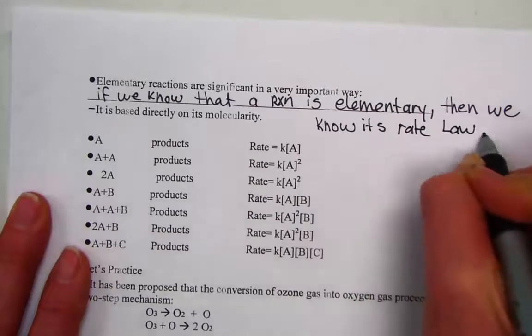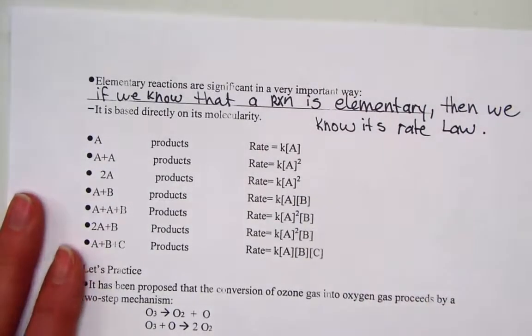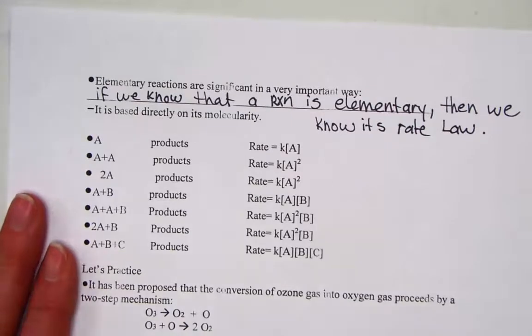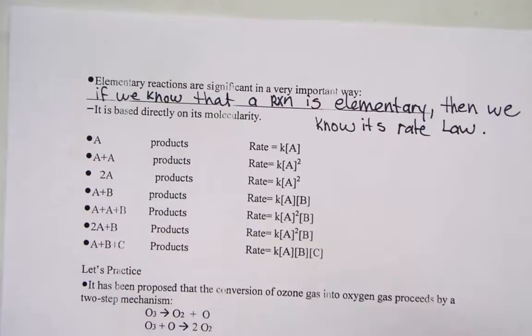Each elementary reaction comes directly from a collision, and therefore each elementary reaction has its own rate law. When we look at an overall equation, one that's not based on little elementary steps but many combined together, then we don't know its rate law based on looking.